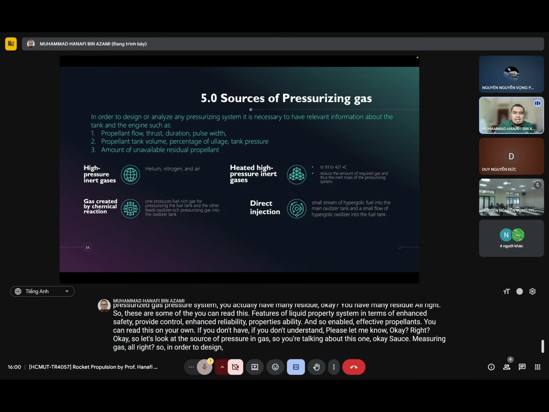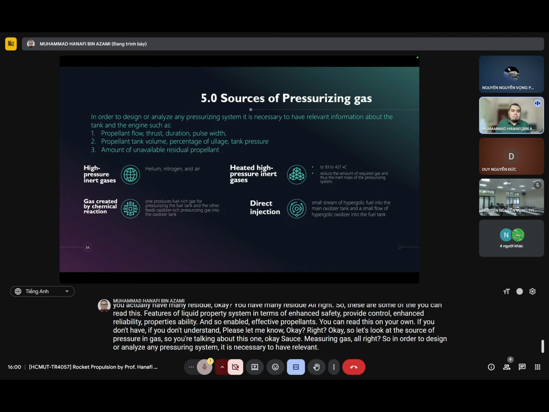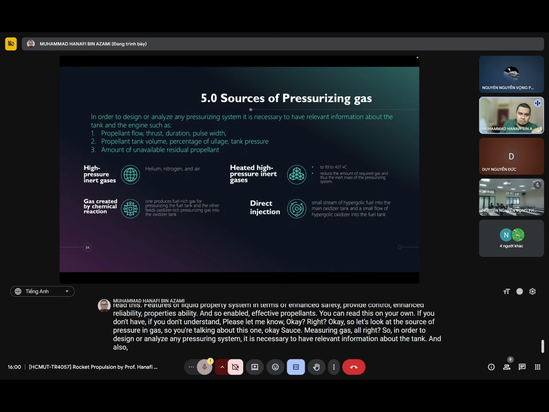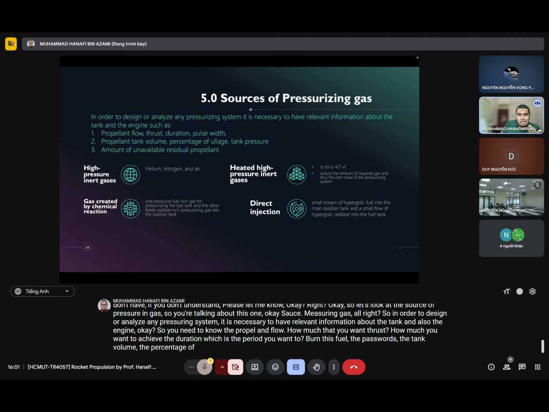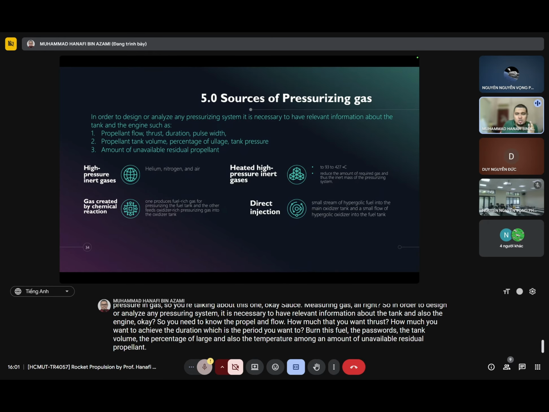In order to design or analyze any pressurizing system, it is necessary to have relevant information about the tank and also the engine. So you need to know the propellant flow, how much thrust you want to achieve, the duration, which is the period you want to burn this fuel, the pulse width, the tank volume, the percentage of ullage, the temperature, and the amount of unavailable residual propellant.